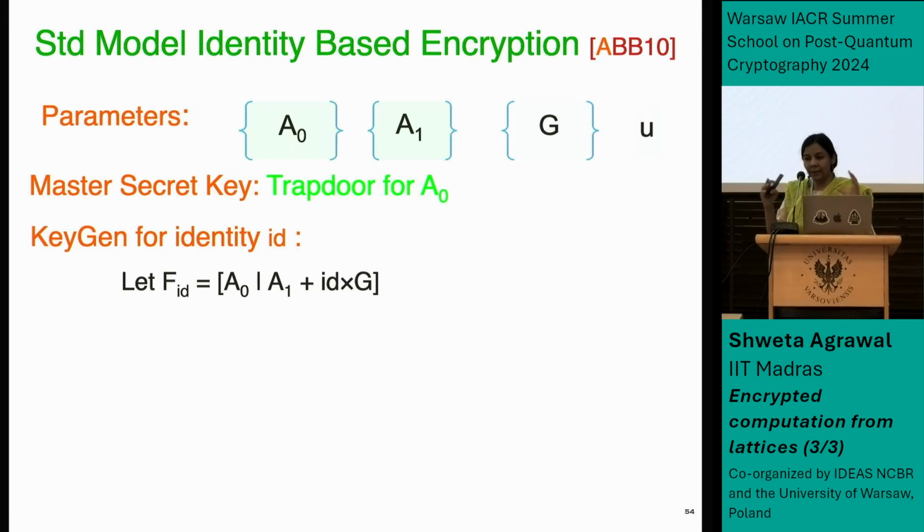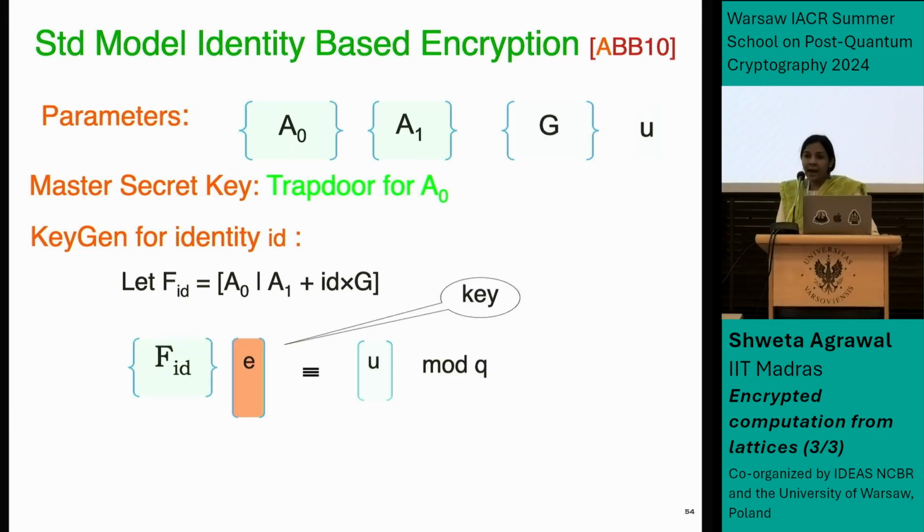So what we're doing here is a little bit similar. The A1 can be thought of as A0 times R. We'll see this more closely in the proof, but for now we're defining our ID-based matrix in this way.